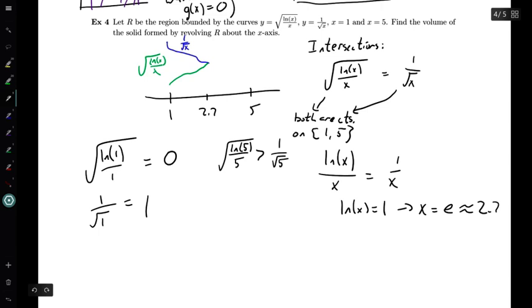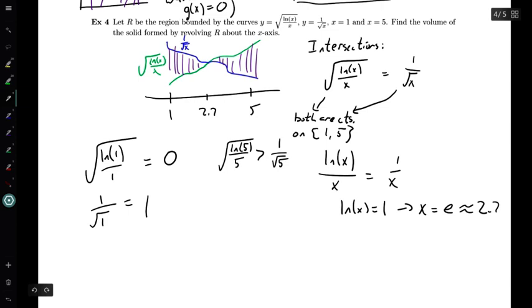And so on the right half of the interval, the function root log x over x is the larger function, and the function 1 over root x is the smaller function. So now we have a picture of our region. Again, it's not a perfect picture because we don't actually know what the graphs of these functions look like, but we do know which one is larger, which is the only important thing for us here.